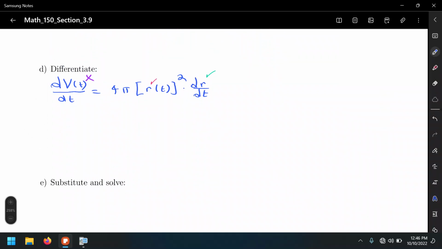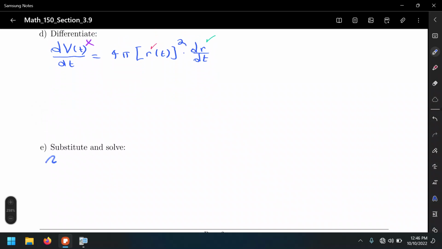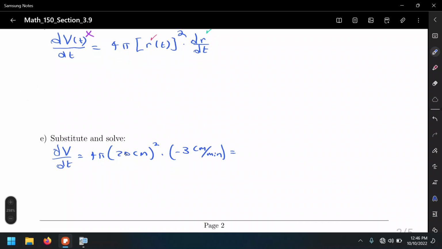All right, so in this case dV/dt equals 4 pi, that's 20 centimeters quantity squared, times negative 3 centimeters per minute. Well, let's just multiply. 20 squared, isn't that 400? And 400 times 4, that's 1600, and 1600 times negative 3, that's negative 4800 pi.